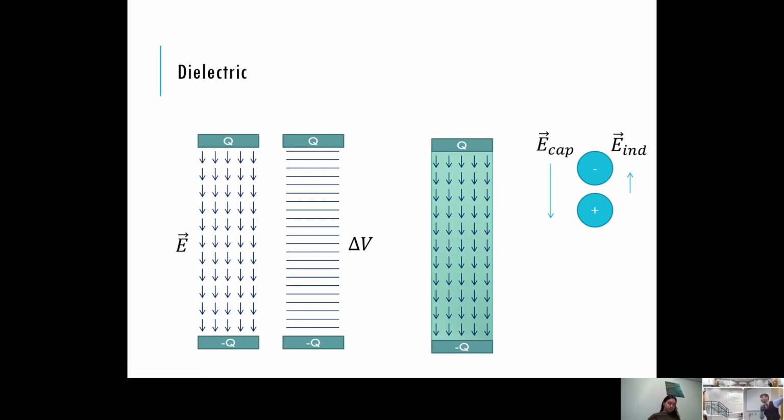Well, now I have a field due to the capacitor, and I have a field due to the polarization of the material in the capacitor. And so if I want the net electric field, I need to add those two fields together.